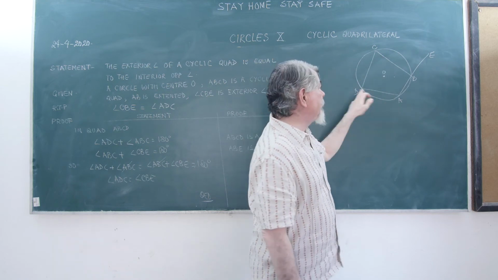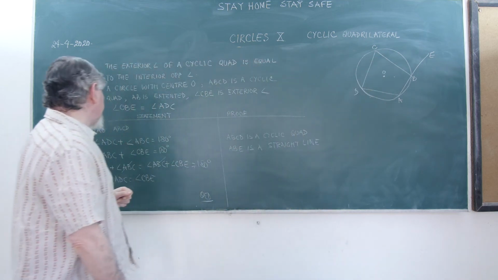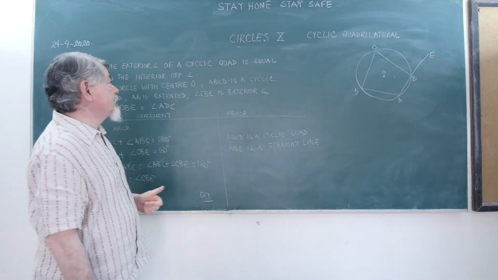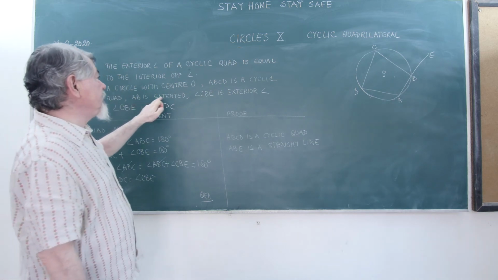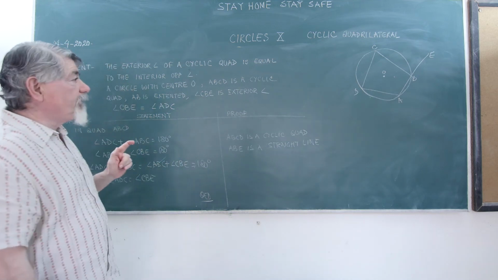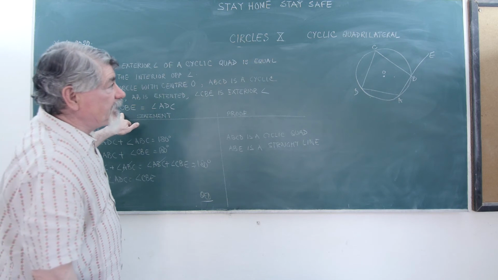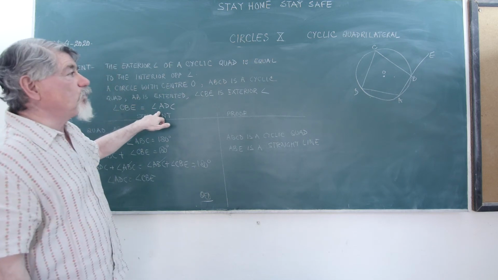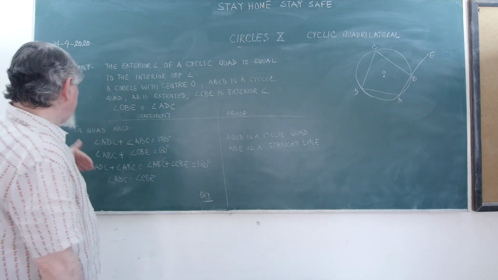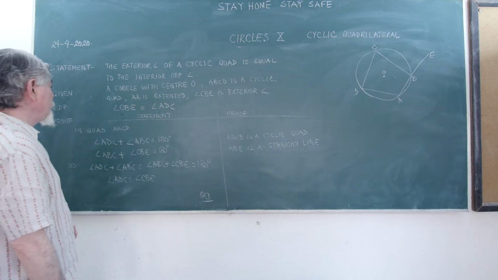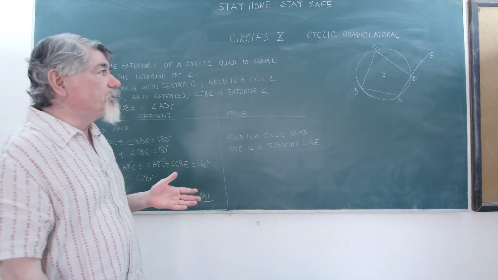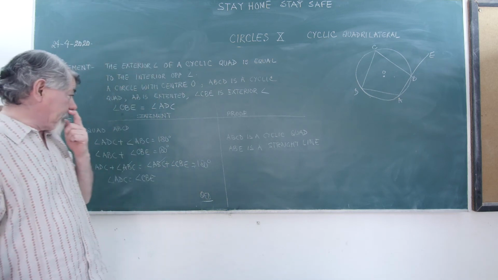angle ADC. So it is given as a circle with center O, ABCD is a cyclic quadrilateral, AB is extended, angle CBE is the exterior angle. Now what we have to prove is that angle CBE, the exterior angle, is equal to the interior opposite angle, that is angle ADC. For the proof, we are going to say that in quadrilateral ABCD, which is a cyclic quadrilateral, the opposite angles will be supplementary.